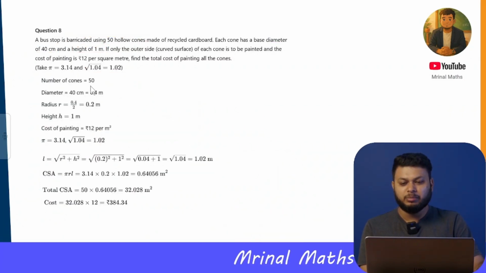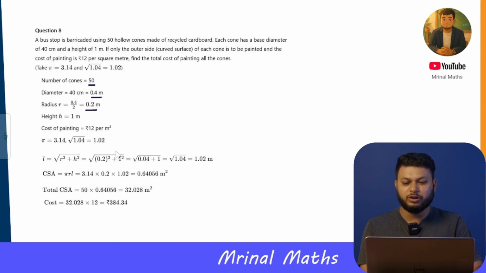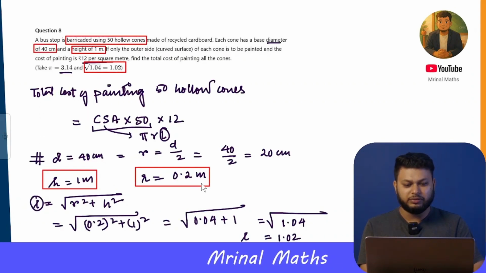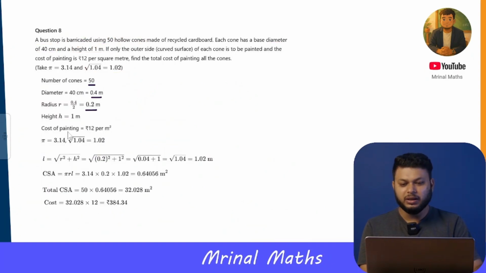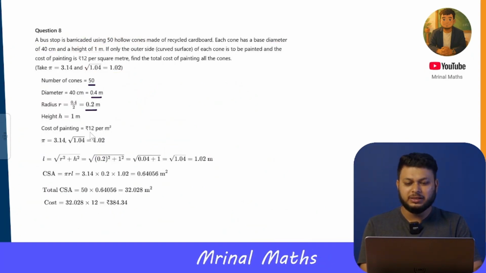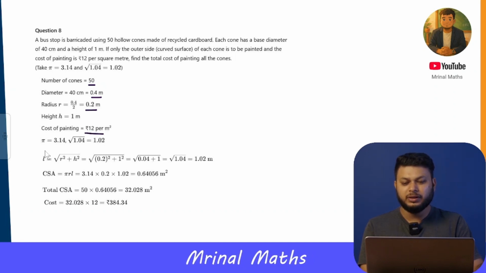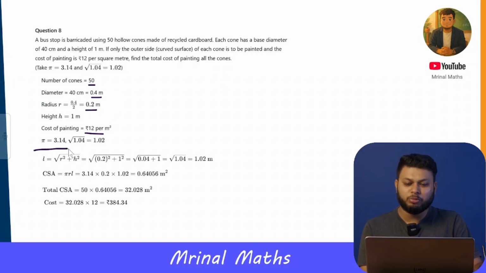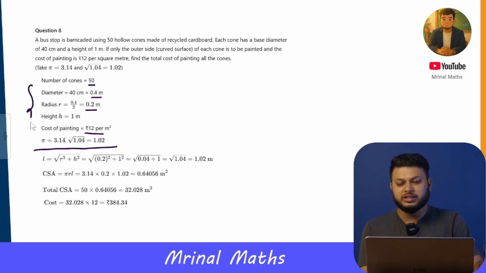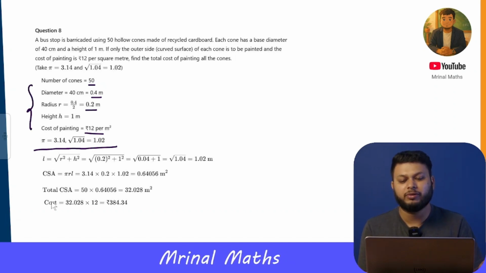Look, number of cones 50, diameter is 0.4, radius is 0.2. The cost of painting, they have given, 1 meter square cost rupees 12. Pi value is 3.14. Then they gave square root of 1.04 as 1.02. All those data were extracted from the question.